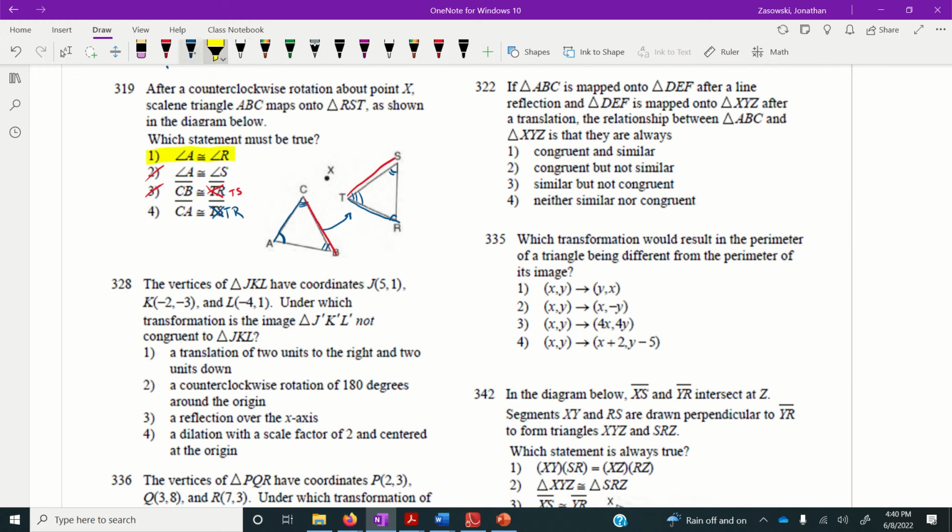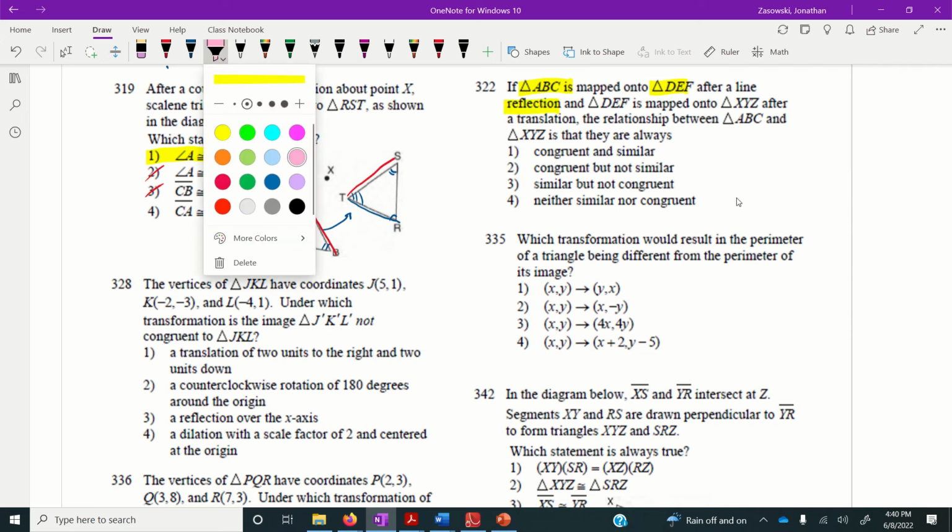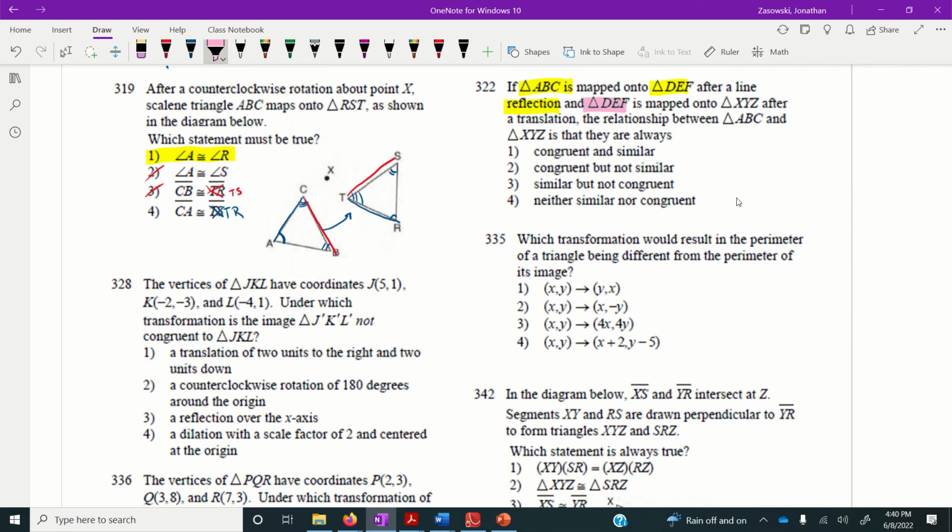All right, let's go to the right here. 322. Triangle ABC is mapped on the triangle DEF after a line reflection. DEF is mapped on the XYZ after a translation. What is the relationship between, remember, ABC was mapped on the DEF after a reflection, and then we put DEF, all right, onto XYZ with a translation.